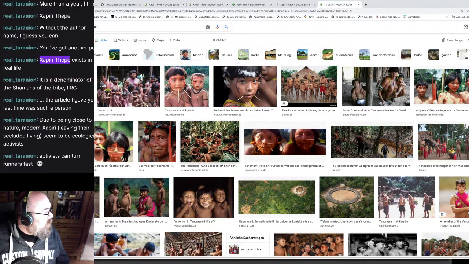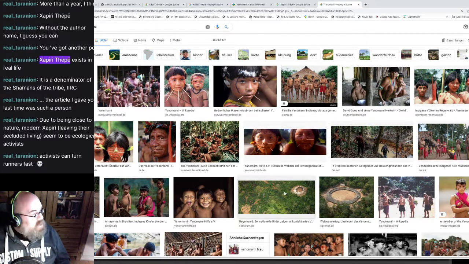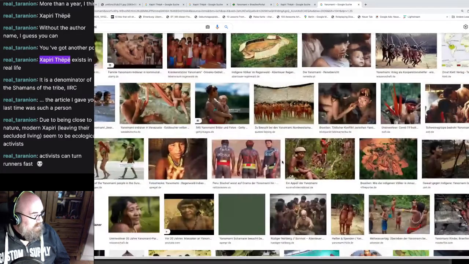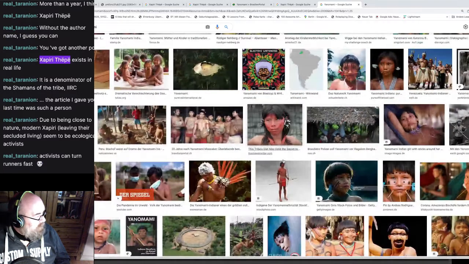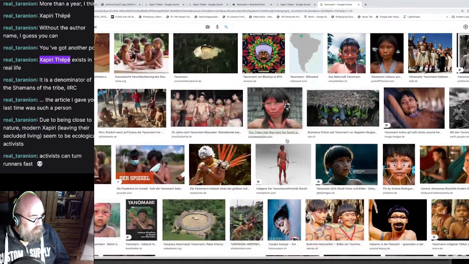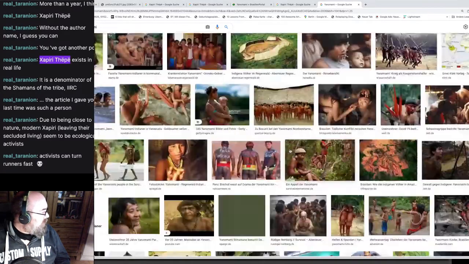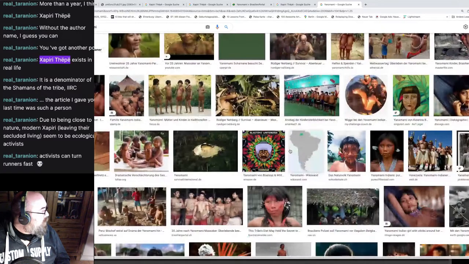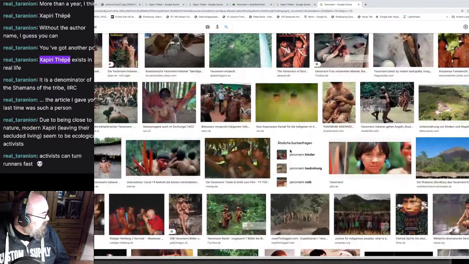Okay, so, in the last artwork that was done for the Xapiri, the Xapiri had a headgear with feathers, which I have seen several times when indigenous people from South America were involved. But looking at the pictures of the Yanomami, I can't see a headgear of that type.